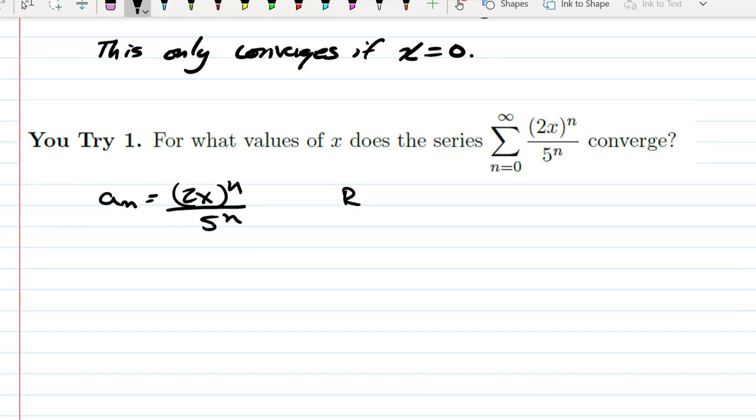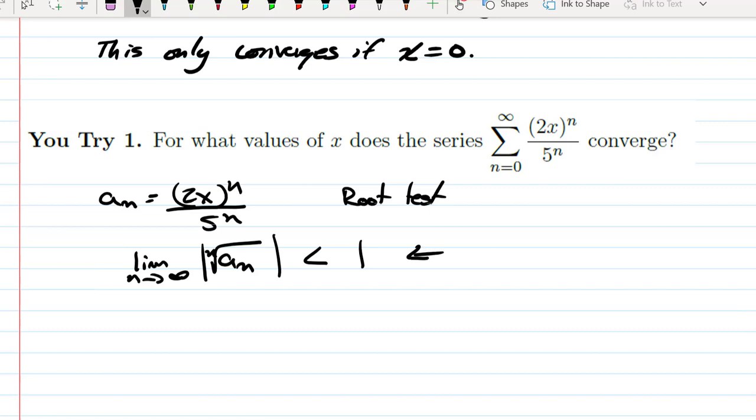If we use the root test, and if you use the ratio test you'll get the same thing, we need to know when is the limit as n goes to infinity of the absolute value of the nth root of a sub n less than 1? Well, this is what we want.